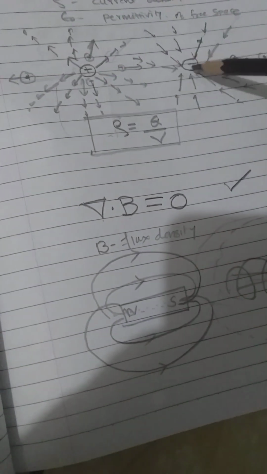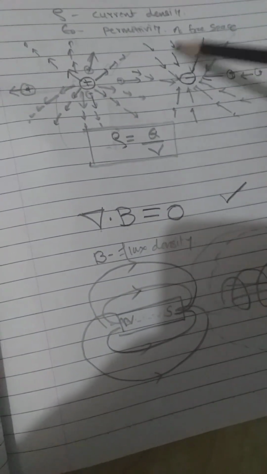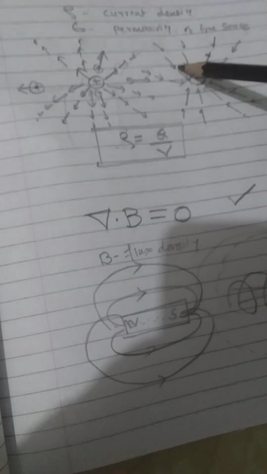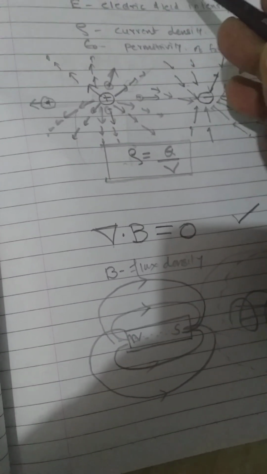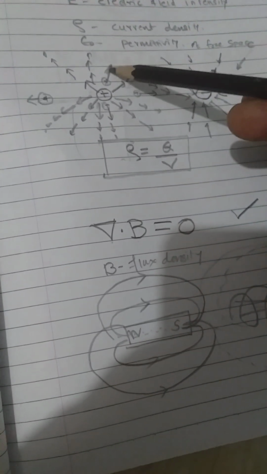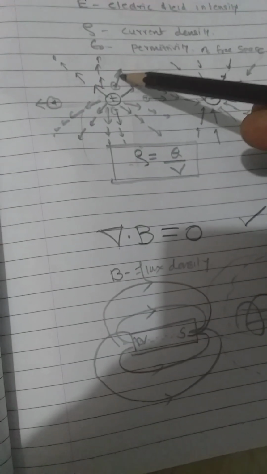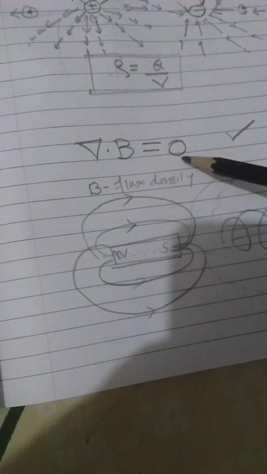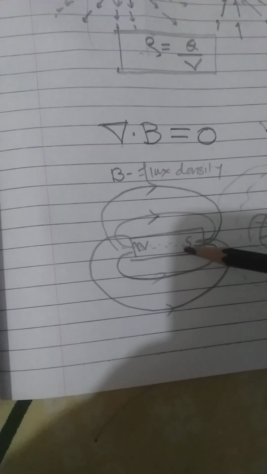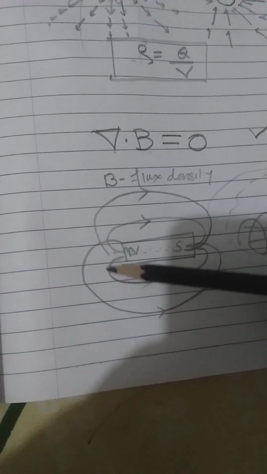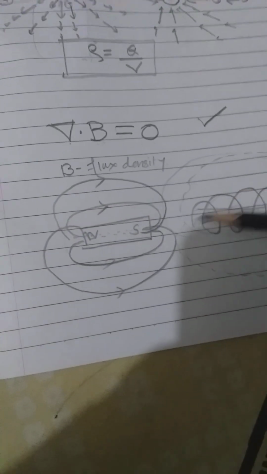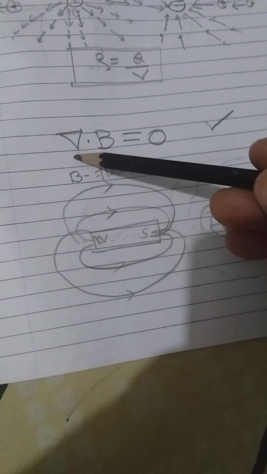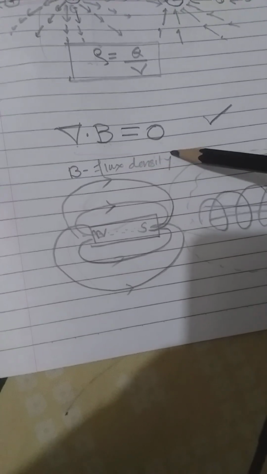Now for the positive and negative charge, we can have this electric field, and if we take the divergence of this electric field, then you will see there is a flux density, that is the charge per unit volume. Then divergence of magnetic field is equal to 0. Here we have no lines spreading inside or outside, but the lines are like this, magnetic lines. So divergence of magnetic flux density is found to be 0.